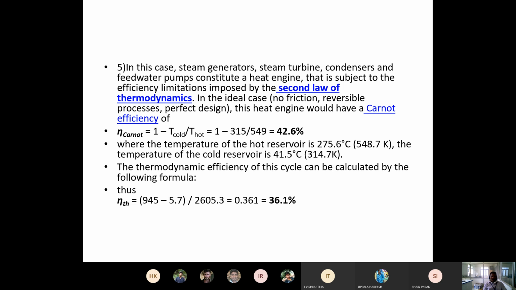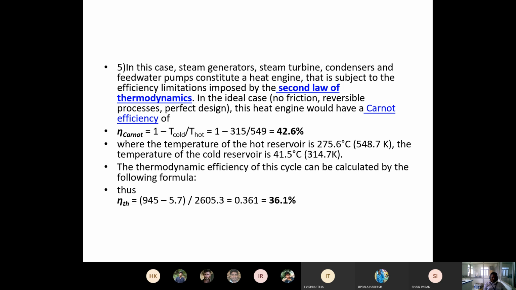Here, the temperature of the hot reservoir is 275 degrees centigrade. That is given in centigrade. To convert it, we have to add 273. The temperature of the cold reservoir is 41.5 degrees centigrade.